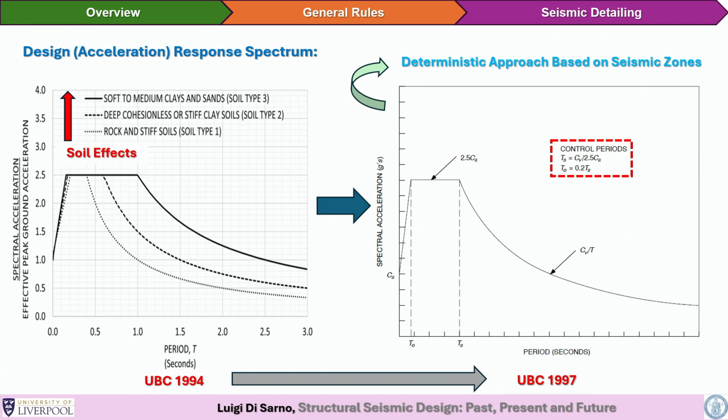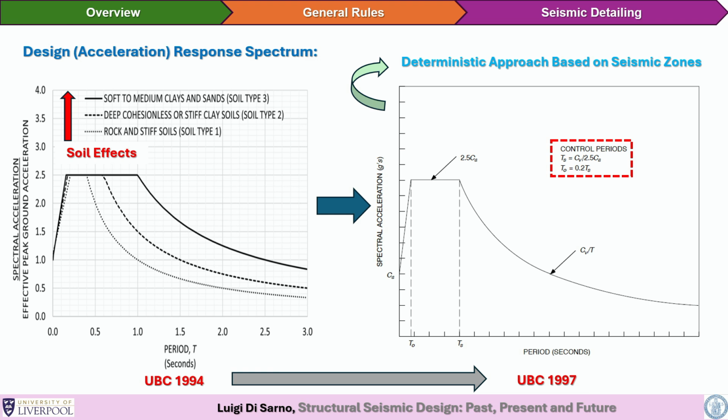Now, a few words about the shape of the spectrum, because this has also gone through a number of changes through the years. Initially, we had a very simple type of approach, 1994, where there were only 3 soils, and you see the effect of the soil here that shows that the softer the soil, the larger the spectral acceleration, which is normal. That's why, for example, you tend not to build on a soft soil.